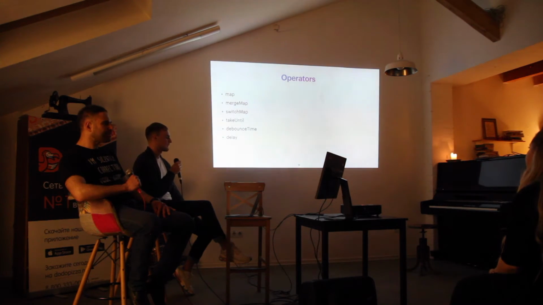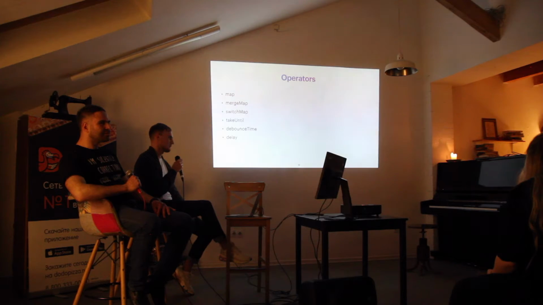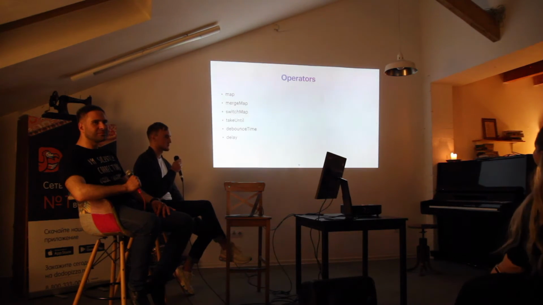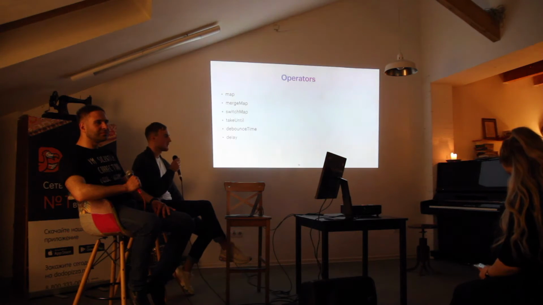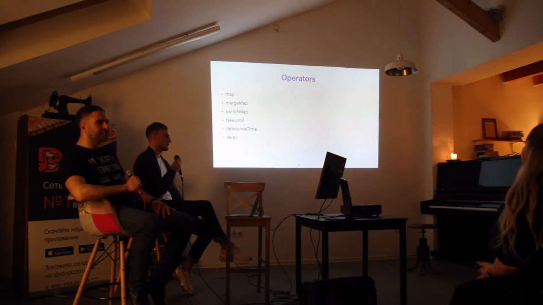Switch map is my personal favorite. It comes in handy when you need to cancel consequent calls to your API. So, for example, when the previous response wasn't fetched yet, but you need to make that request again, it just cancels, and your app doesn't wait for that response, it just takes the most recent one.